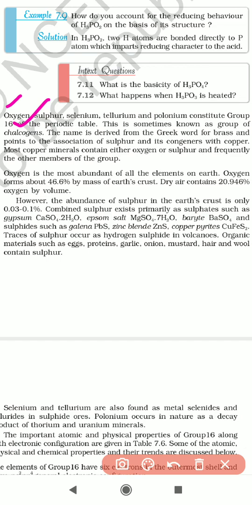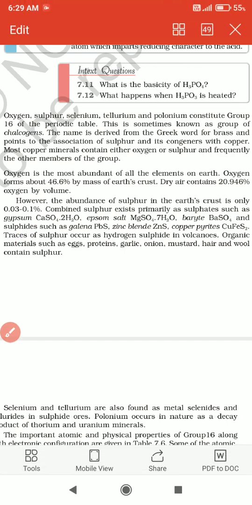Traces of sulfur occur as hydrogen sulfide in volcanoes. Organic materials such as eggs, proteins, garlic, onion, mustard, hair, and wool also contain sulfur.